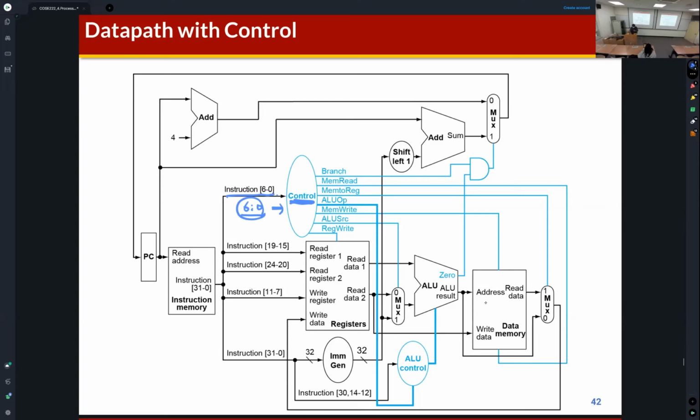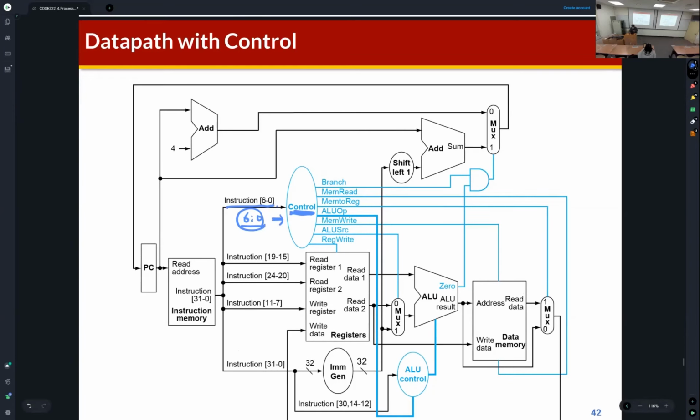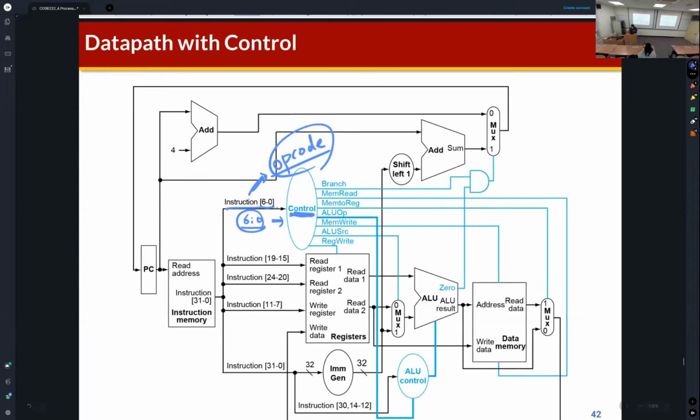What is the instruction 6 down to 0? This is the OP code field, right? In chapter 2, we learned that the instruction bits 6 down to 0, the LSB 7 bits, are used as the OP code field, right?